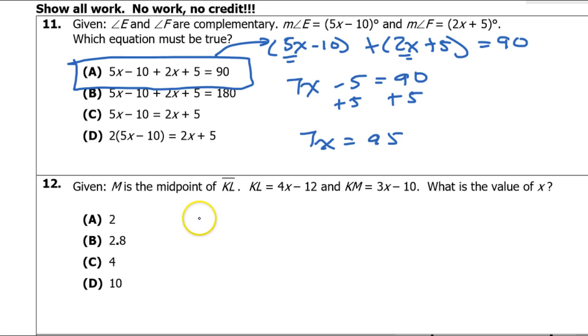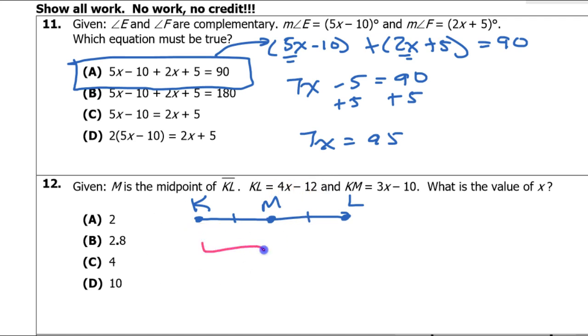I think we should draw a little picture. So here's segment KL. So here's K, here's L. And here's M being the midpoint. If M is the midpoint, that means these two segments are congruent to each other. So let's see. They told us that KL is 4x minus 12.